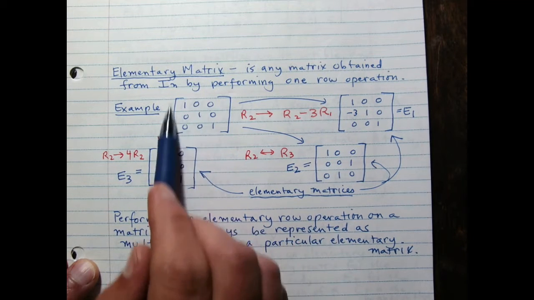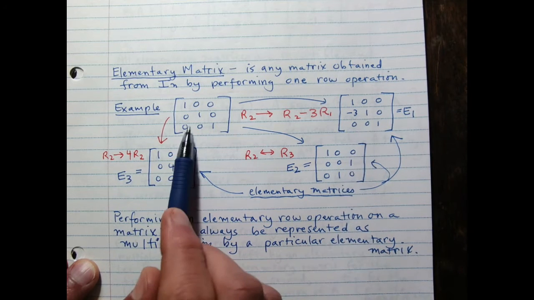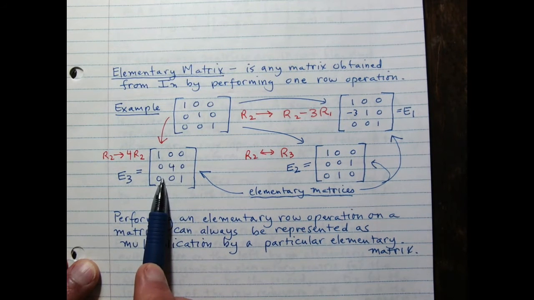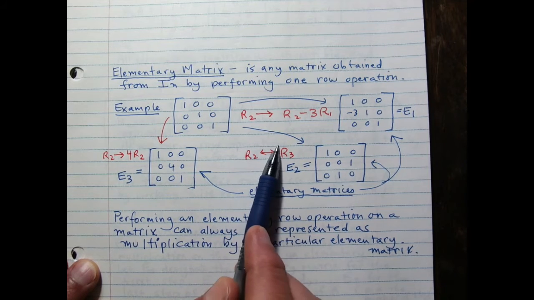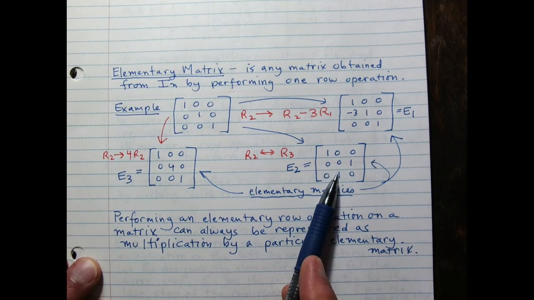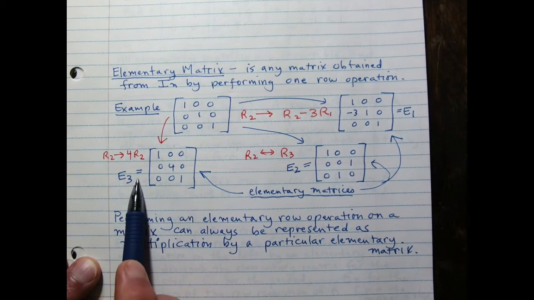So I'm going to apply it to the identity. This is what I obtain. I'm going to take row 2 and just multiply by 4, and this is what I obtain. And then I'm going to interchange 2 rows, row 2 and 3, and this is what I obtain. I call these E1, E2, E3.